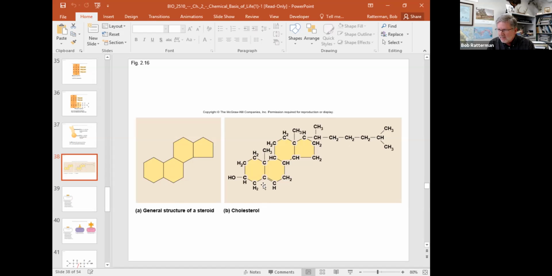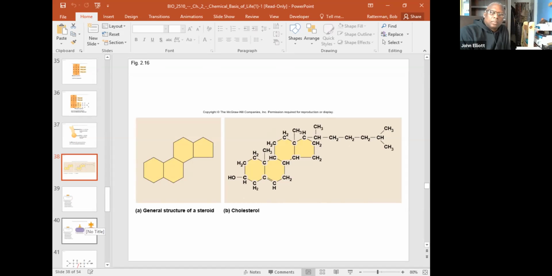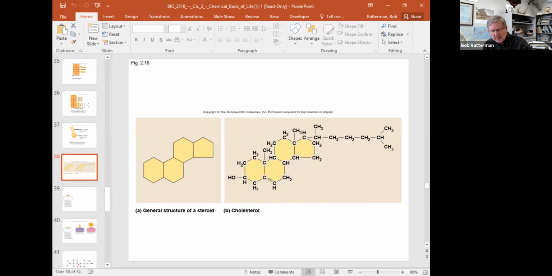Here's an example of a steroid, cholesterol. Most people have a negative connotation of cholesterol, but the fact is there's good and there's bad kinds. I'm not going to get into the detail of that now, but if you've ever heard of HDLs and LDLs. Have you ever heard of that? So HDLs, high density lipoproteins, LDLs, low density lipoproteins.